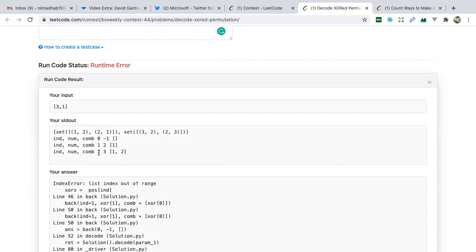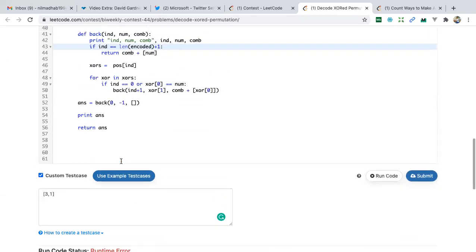So when index is 2 and number is 3, and 3 is present, okay, XOR is positive.